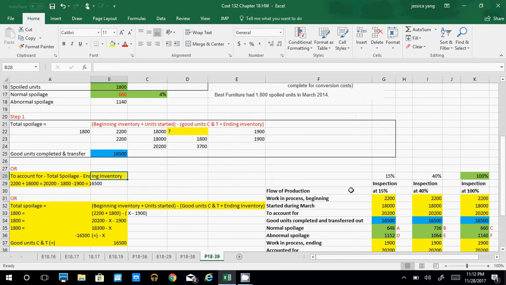Or you can also use this formula: units to account for minus total spoilage minus ending inventory.